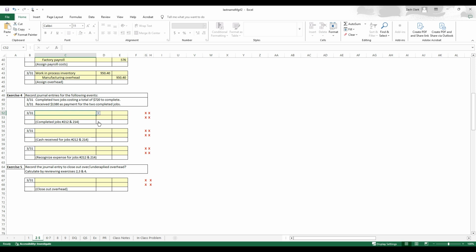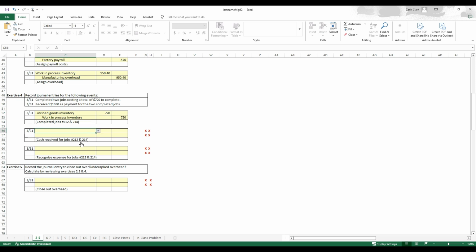The first one's moving it into finished goods from work in progress. So our finished goods inventory of $720, and we're just lumping those together on the general ledger. They would have their own subsidiary totals, but we're moving those out of the work in process inventory. So just moving through the different asset accounts.